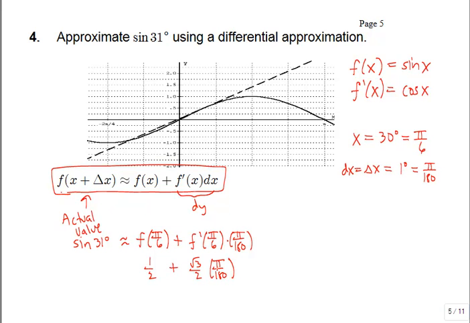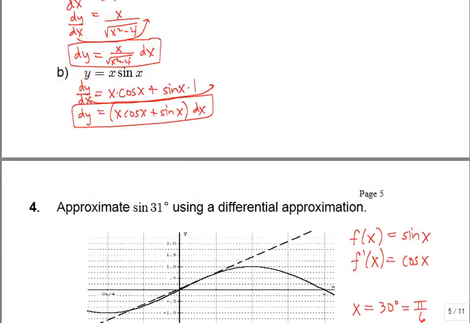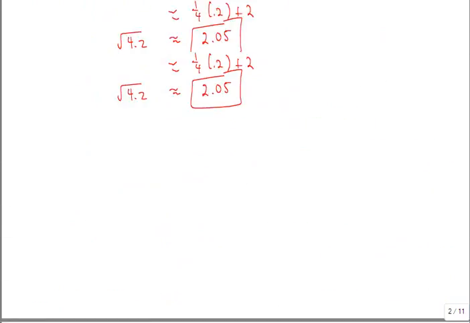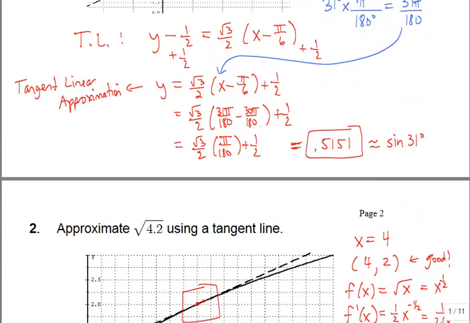And I'm going to scroll way back to the beginning of our notes just so that you can see that that is exactly what we have right here. So we're going to get exactly the same decimal, 0.5151. The only difference is I put in this pi over 180 directly instead of putting in the bad value for x and subtracting the good value.